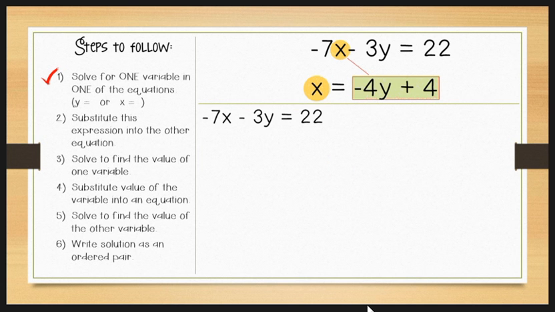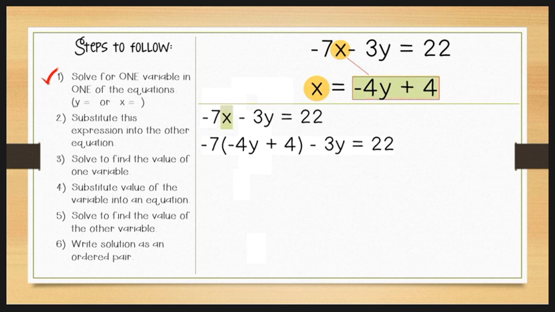So using that first equation, negative 7x minus 3y equals 22, we are going to now replace the x in that equation with this expression, negative 4y plus 4. Remember that negative 7 and x are being multiplied together, so you have to surround this expression with parentheses because we are going to end up distributing that negative 7 through.